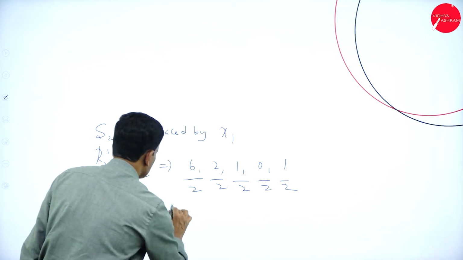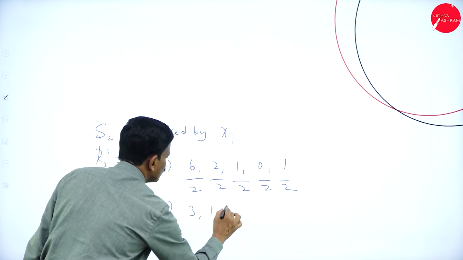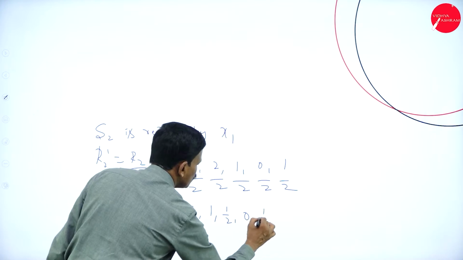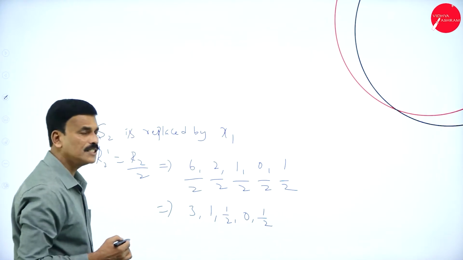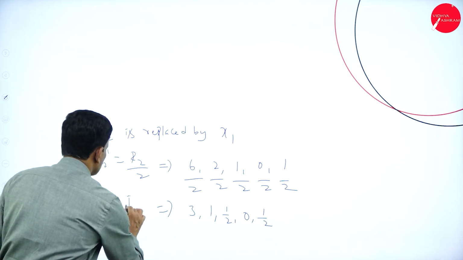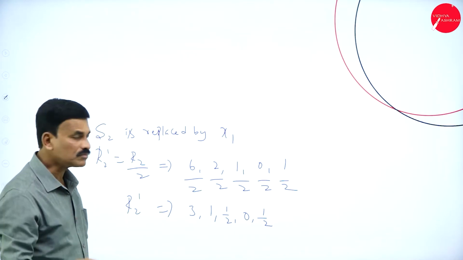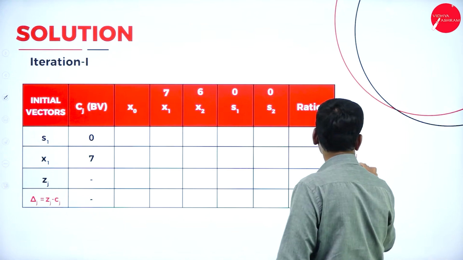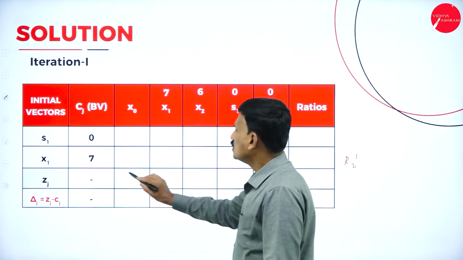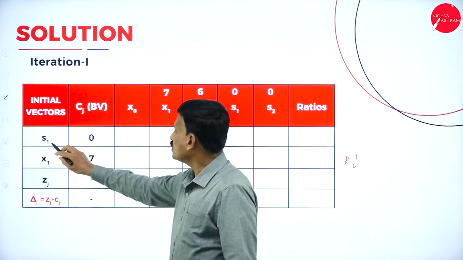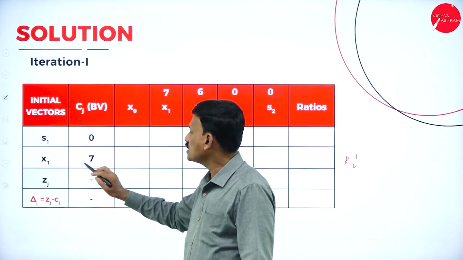So this is equal to 3, 1, 1 by 2, 0 and 1 by 2. Okay, so this is the new row R2 dash. So this I am going to put in a new row R2 dash. Here the coefficient of S1 is 0 as it is.